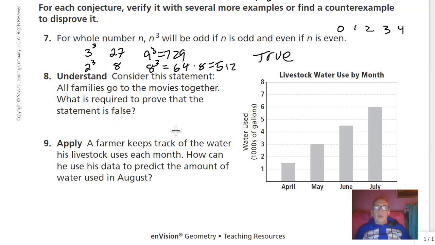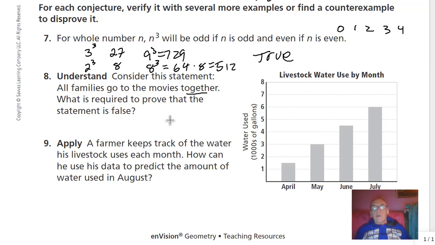Consider this statement, number 8. All families go to the movies together. What's required to prove that the statement is false? Find an example where the daughter or son goes to the movies on the weekend, but the whole family doesn't go. That would be a counterexample. Not everyone goes to the movies at the same time, together. The other thing would be, let's say there's a couple different movies playing, and somebody wants to go see one of the Marvel movies.